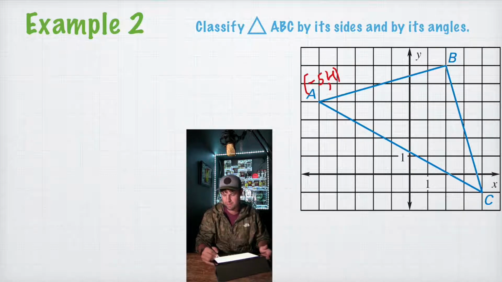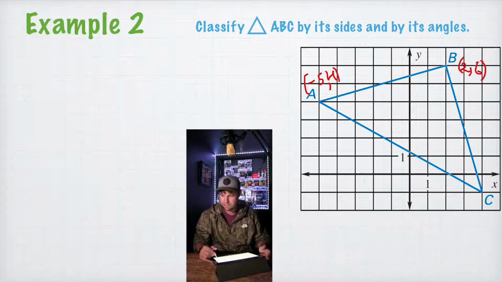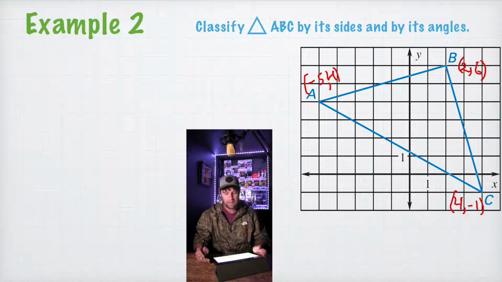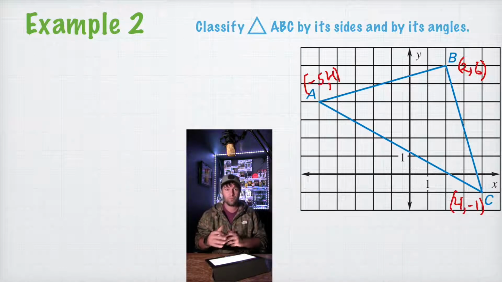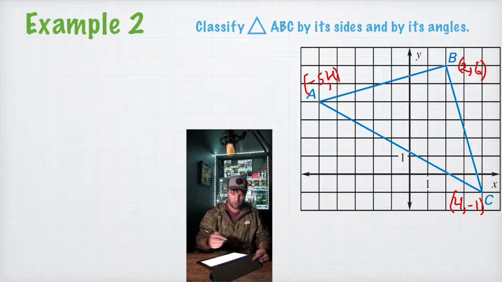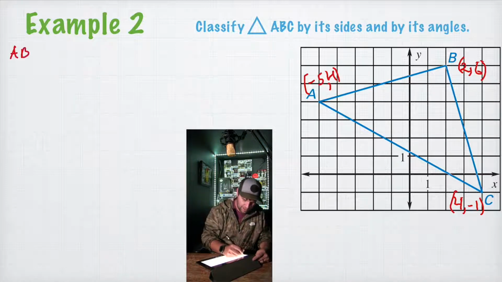B is going to be 2, 6. And C is going to be 4, -1. Okay? And now all we have to do is plug these points into the distance formula, which we already know how to use. So, let's go ahead and find AB.